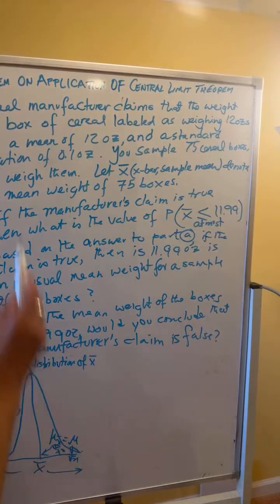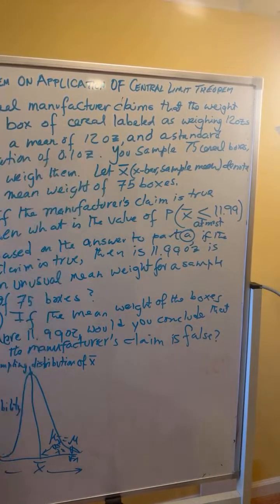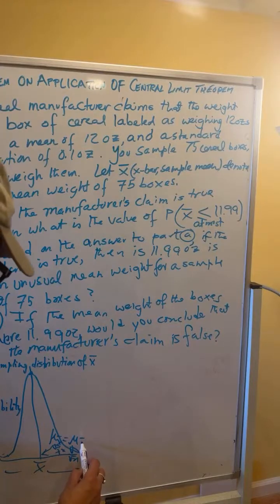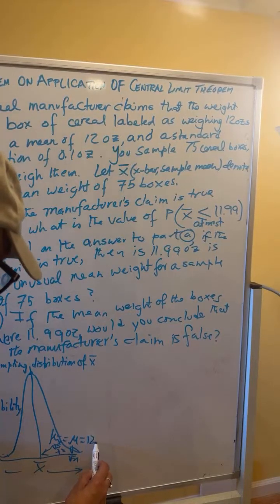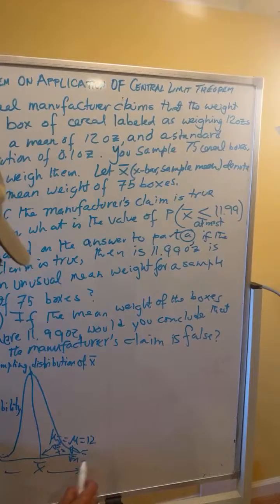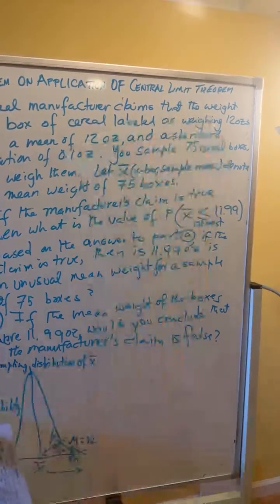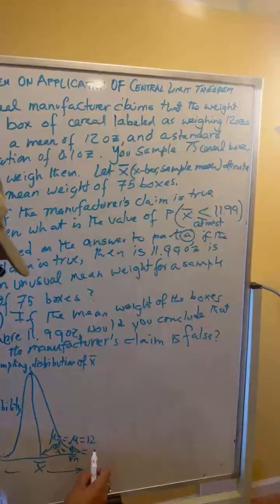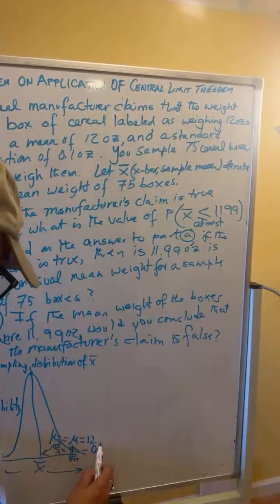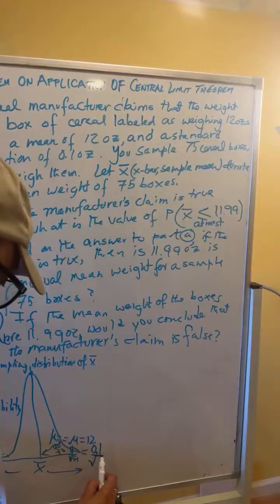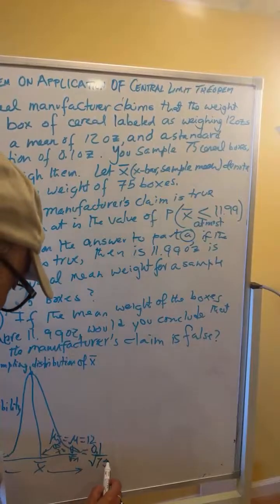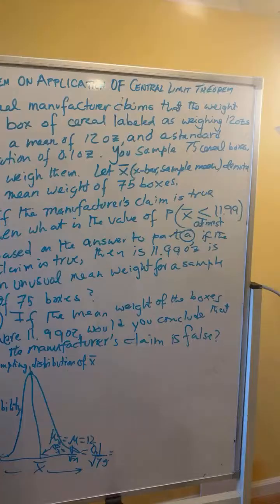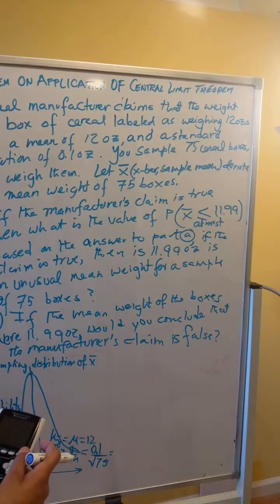Now the manufacturer claims that the mean is 12, and the standard deviation of the population is 0.1, divided by square root of 75. You can use your TI-84 to find 0.1 divided by square root of 75.